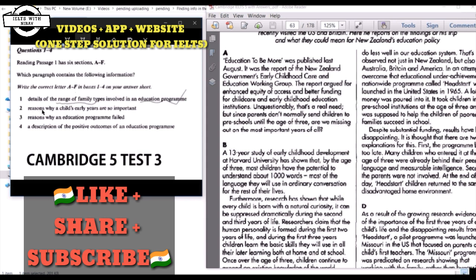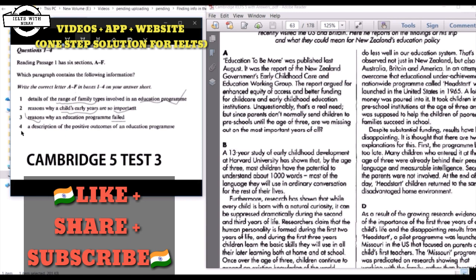The second one is reasons why a child's early years are so important. So second is child's early years and its importance. Third is reasons why an education program failed. So you need to search for reasons, right? Why the education program failed.